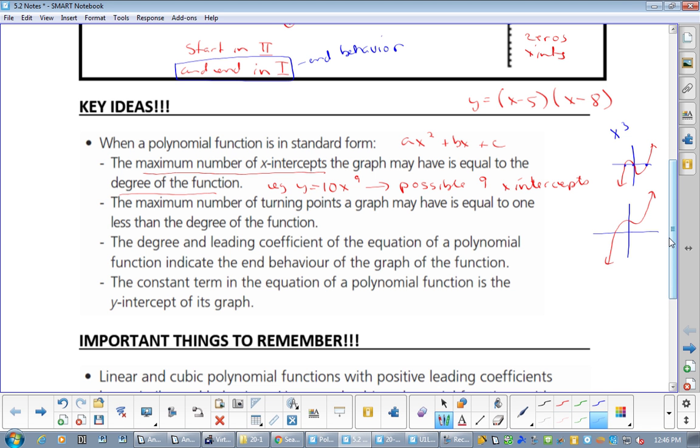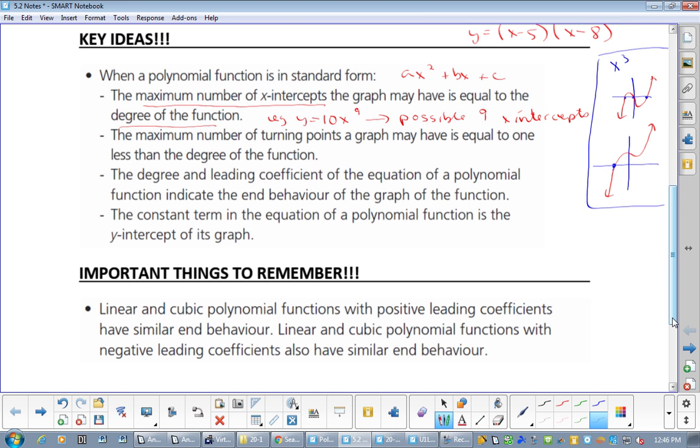But you see, I only have one x-intercept. Okay? But the thing I'm trying to tell you is that you won't have 4. Okay, you will have maximum 3, but it doesn't have to be 3. Okay, some x cubed, 3. No, I can show you an x cubed that doesn't have 3.